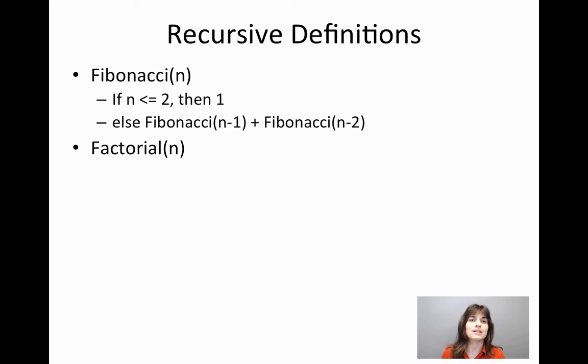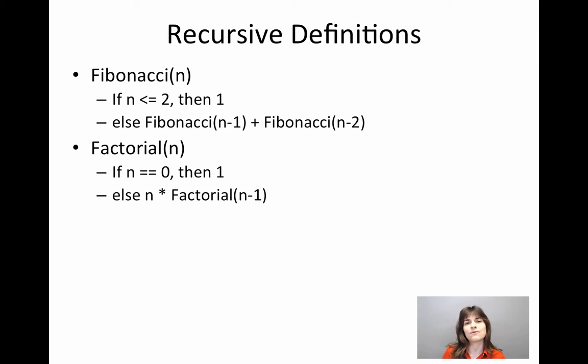It will be 3 times 2 times 1. We may not have it in our mind as a recursive definition, but we can define it recursively. The factorial of number n is n times the factorial of number n-1. The factorial of the number 4, for example, has inside it the factorial of 3.